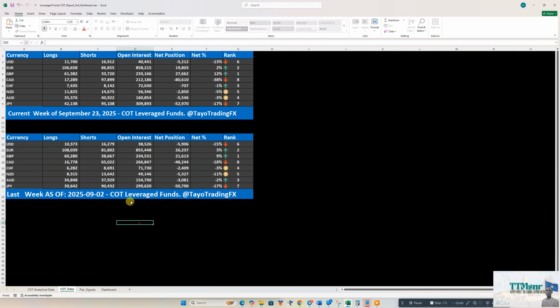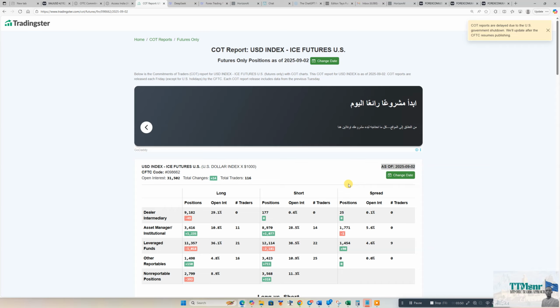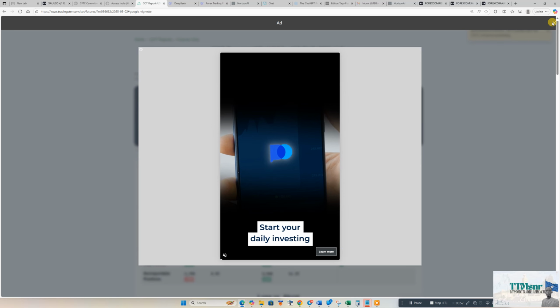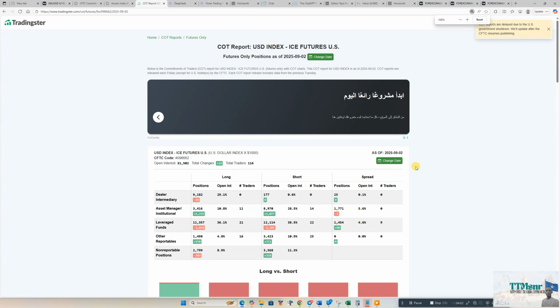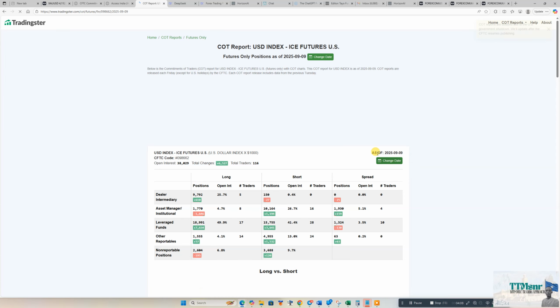Okay, so this is the week where I wanted to put the data. The next week will be here. For example, we go and, I think, this will be September 9.